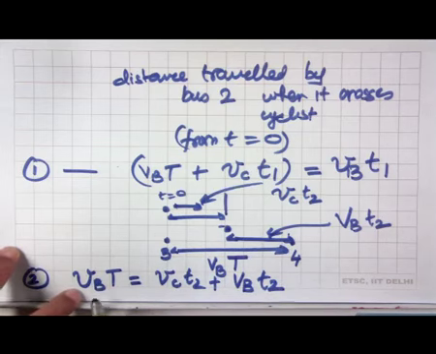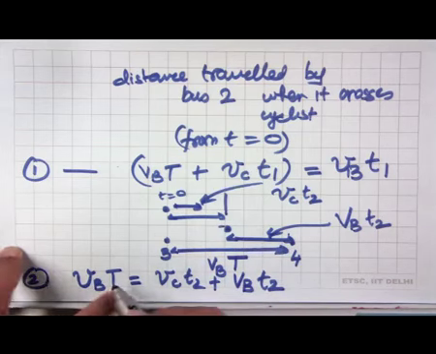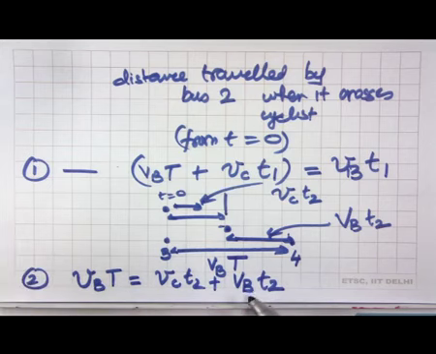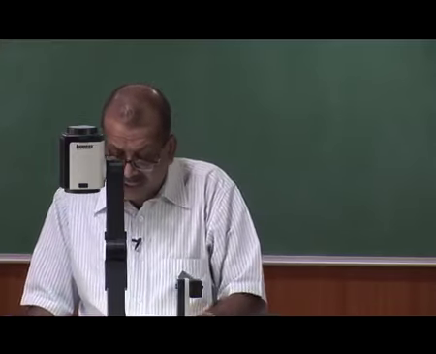Once again, we have the same unknowns Vb and T. Vc is known to us, t2 is known to us. So, we have two equations and two unknowns, and we can solve this and get our answer.